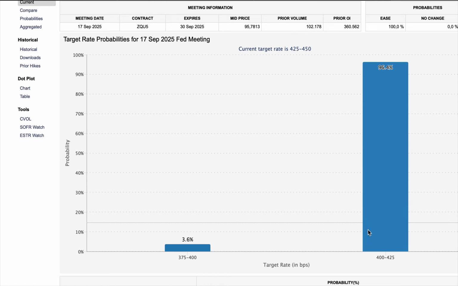This is what this is saying: a 96.4% win rate if 0.25% is going to be the rate cut. It's like going into the casino playing roulette, black and red at the same time, hoping to win, but it's not going to happen. If the rates are really getting cut by 0.25%, nothing should happen. I even think we are going to sell off.